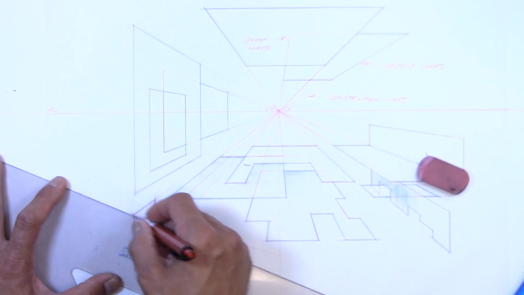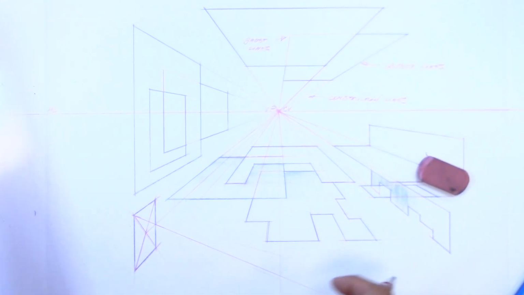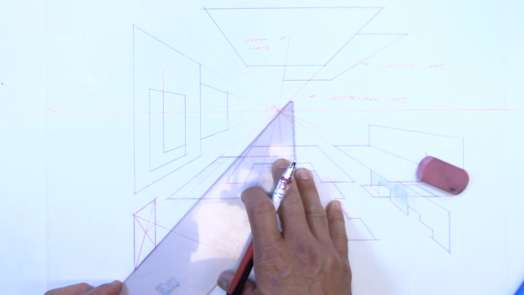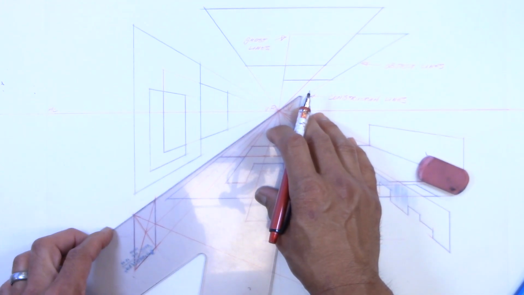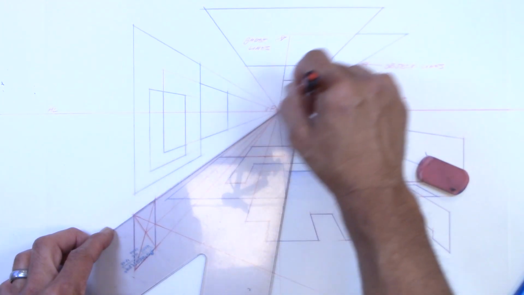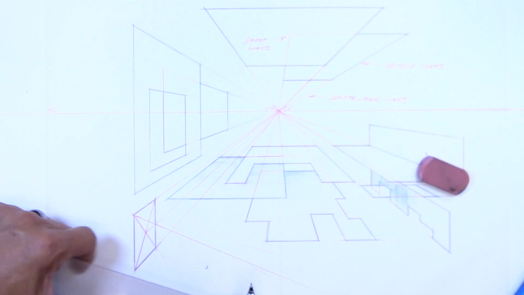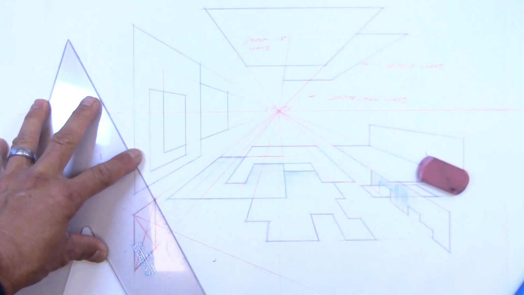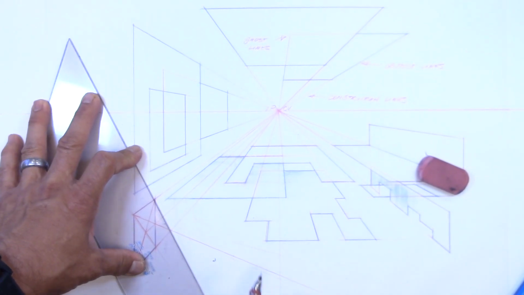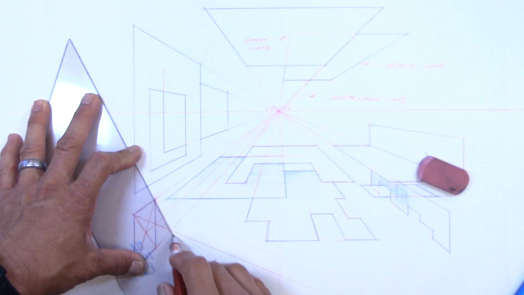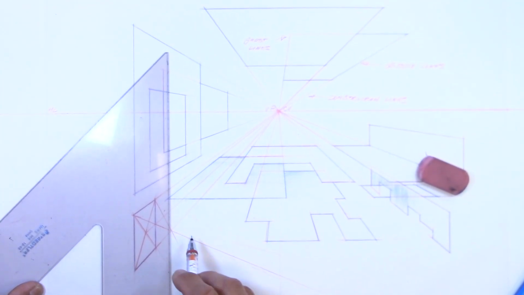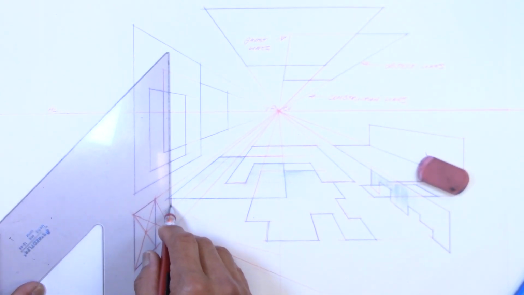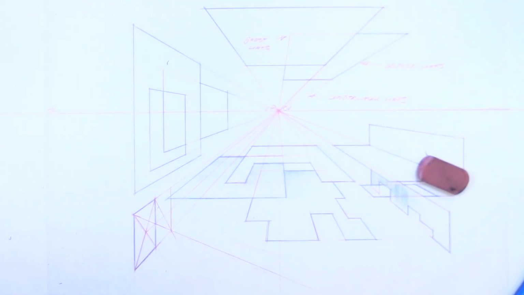Because it should have been here. And I actually didn't do it correctly. So if you see a mistake, it's a really, really good habit to get into, to fix it right away. That way it doesn't hinder any more of your drawing. There we go, that works better.